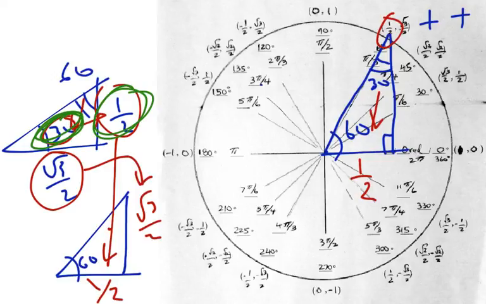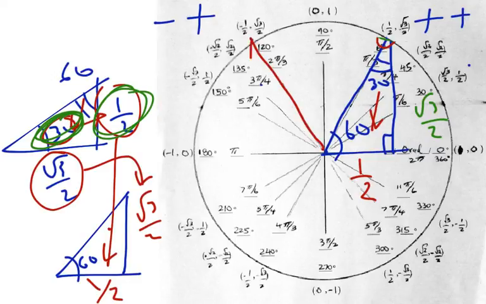Opposite to 60 is square root 3 over 2, which I have in my ordered pair right there. According to my coordinates, x and y are positive because of Q1. Q2, negative and positive. So let me draw that triangle on the other side. Let's draw it red. So look, I'm going to draw it 60, drop down, look at my triangle.